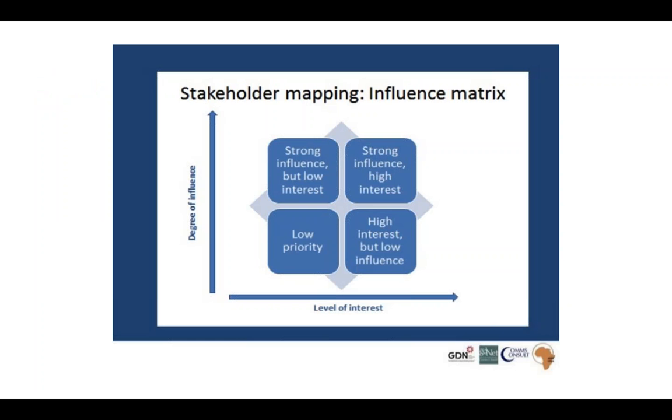Then you would want to map out your different stakeholders on what's called a stakeholder matrix, or influence matrix. So you'd want to identify who has a high degree of influence and power, who would be most interested in Technovation and also have the ability to fund the program. You would place this organization or these groups of organizations in the upper right-hand corner.